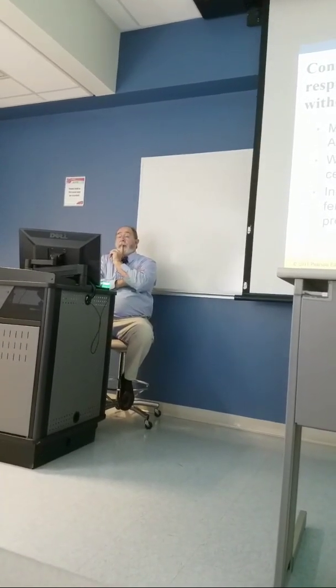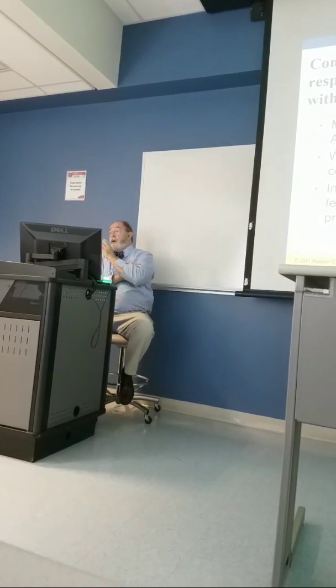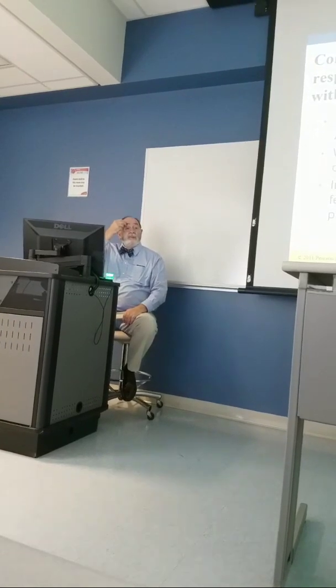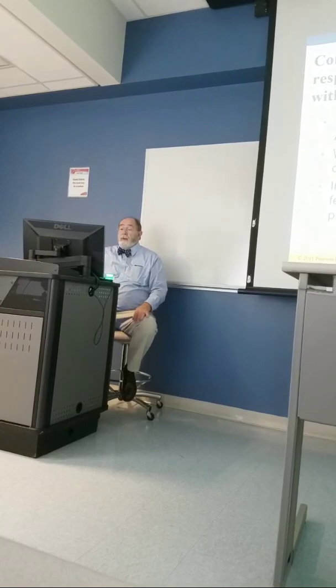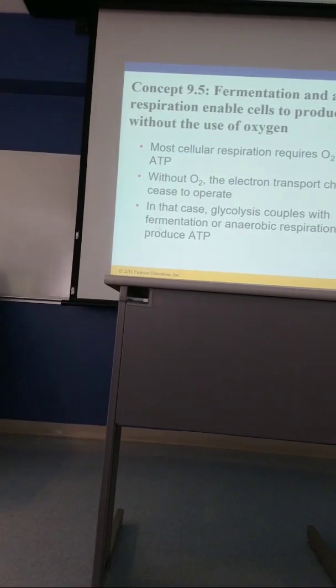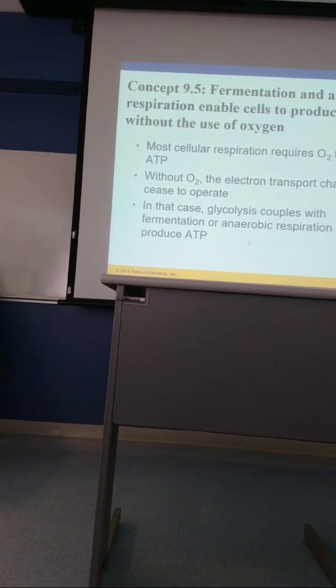Your muscles at a later time can use that lactic acid. It can reverse itself and go back through cellular respiration, but it can only store so much. Notice, as it says up here, most cellular respiration requires oxygen. Without O2, the electron transport chain stops, but glycolysis can continue.